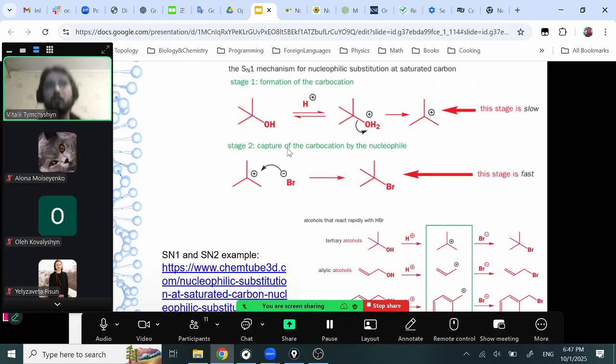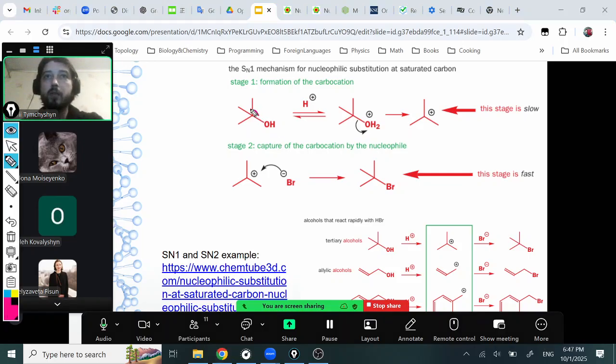Or no, I'll tell you now. You see what's going on with this carbon atom. It has 4 substituents, and it may happen that these substituents will be different. So I will have some sort of R1 here, some R2 here, and some R3 here.